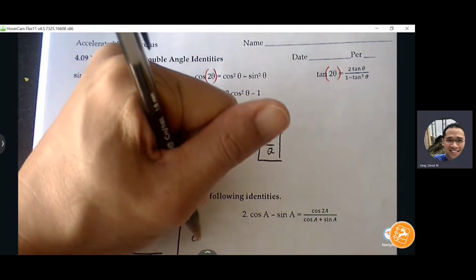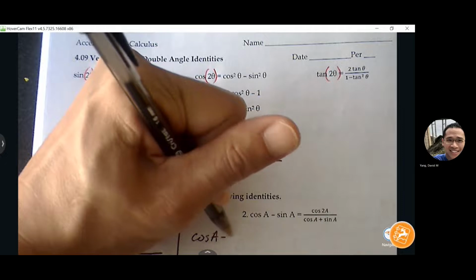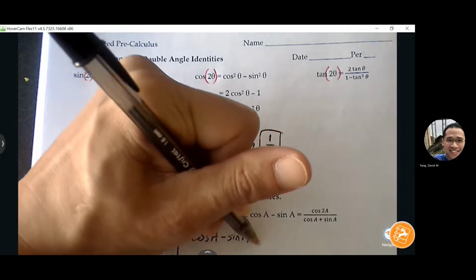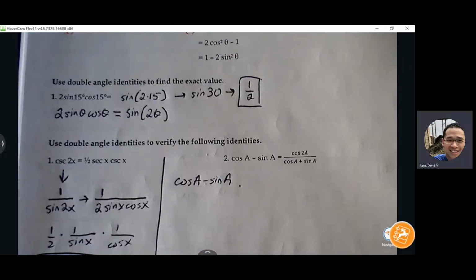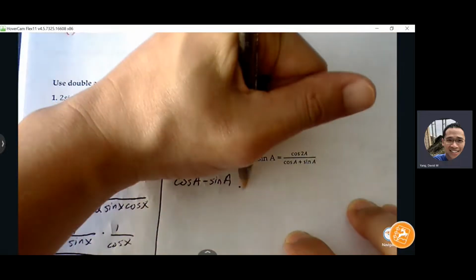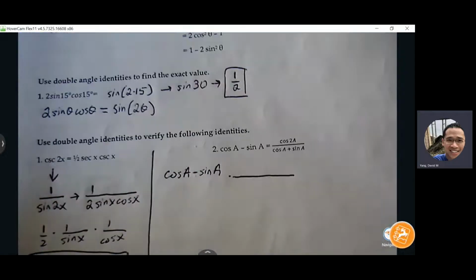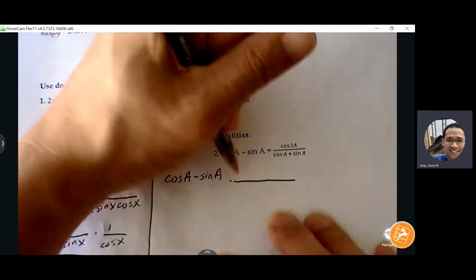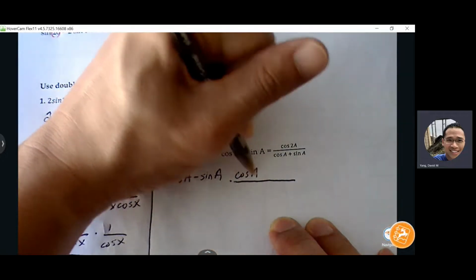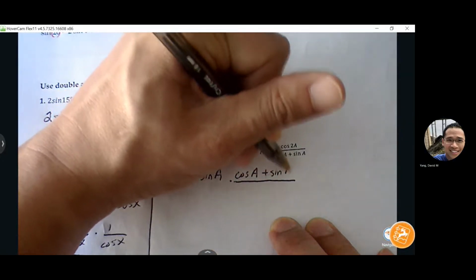I can multiply that by what? Yeah, I can multiply by the conjugate, right? The conjugate is a quick way of getting things to change. But if I want to do the conjugate to the numerator, I also need to do what? Conjugate to the denominator, right? So conjugate is cosine of a plus sine of a.